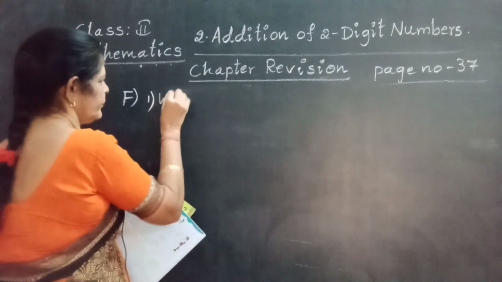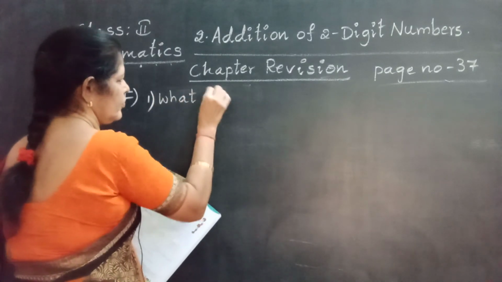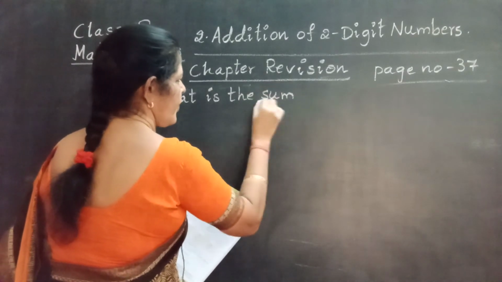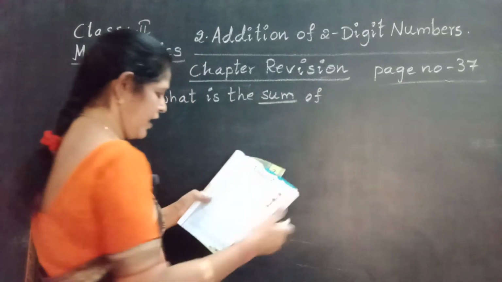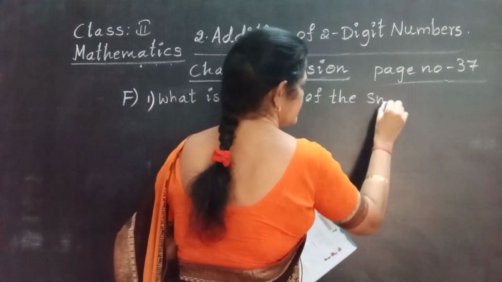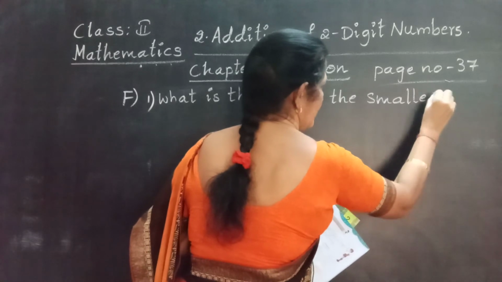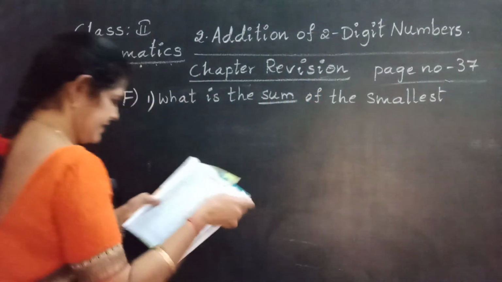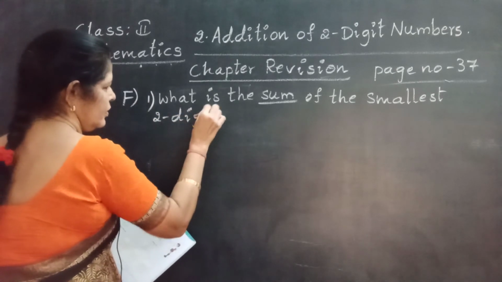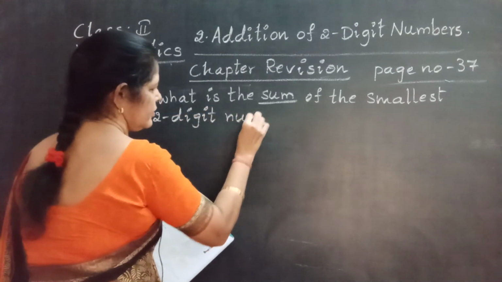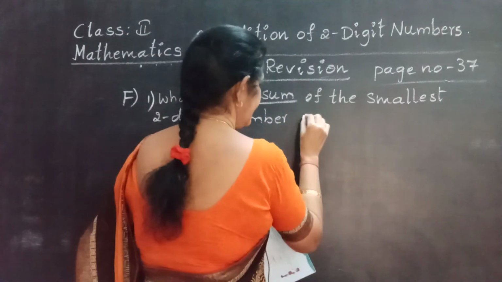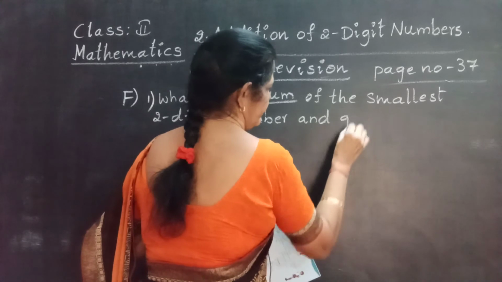What is the sum of the smallest two-digit number and greatest two-digit number?